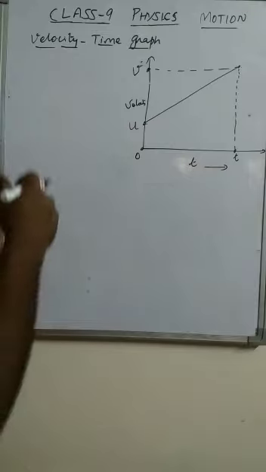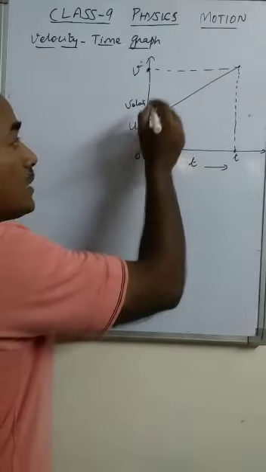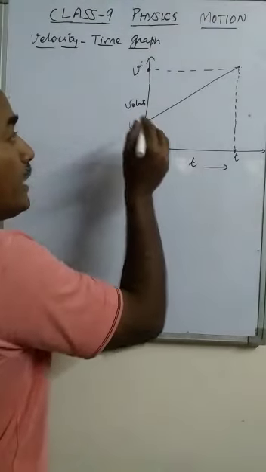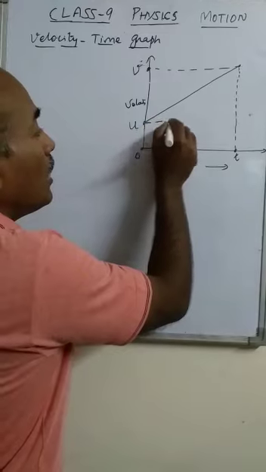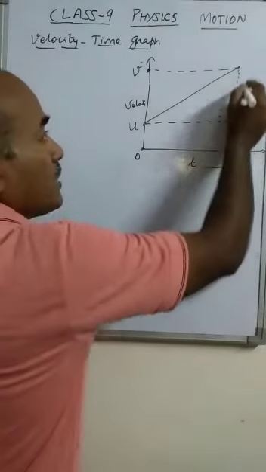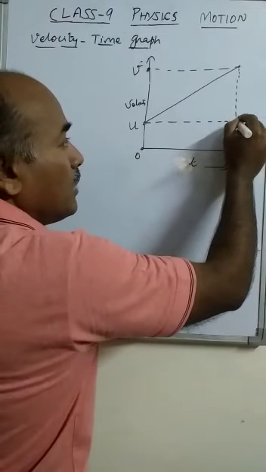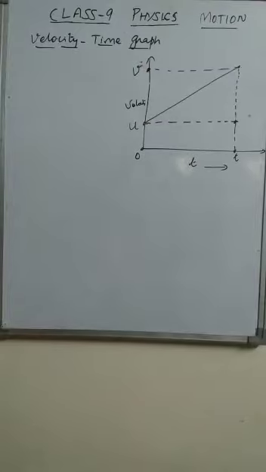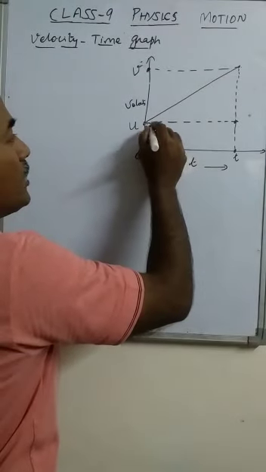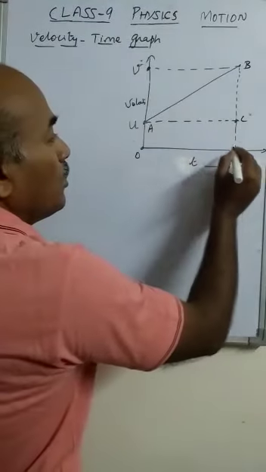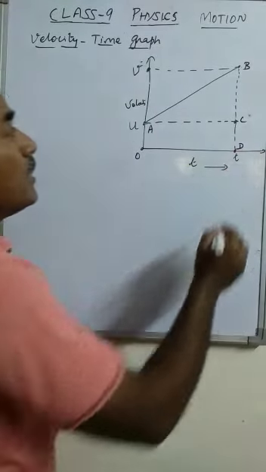Let us take the 2 points at the starting and at the end. Then from the starting, draw a line parallel to the time axis that meets the line from the other point and it forms a triangle. Let us label it: this is A, B, C, this is O, this is D.